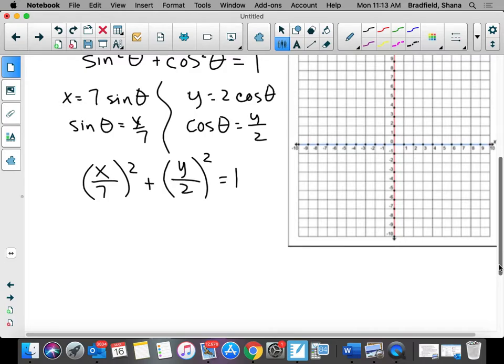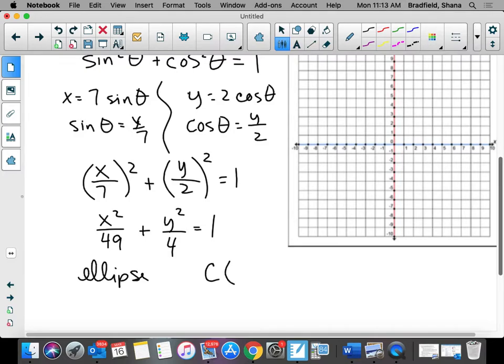Okay, and then square x over 7, so I have x squared over 49 plus y squared over 4 equals 1. So you should tell that this is actually an ellipse, because we see that it's addition in the middle and our denominators are different. If they had come out to be the same, then that would be a representation of a circle.